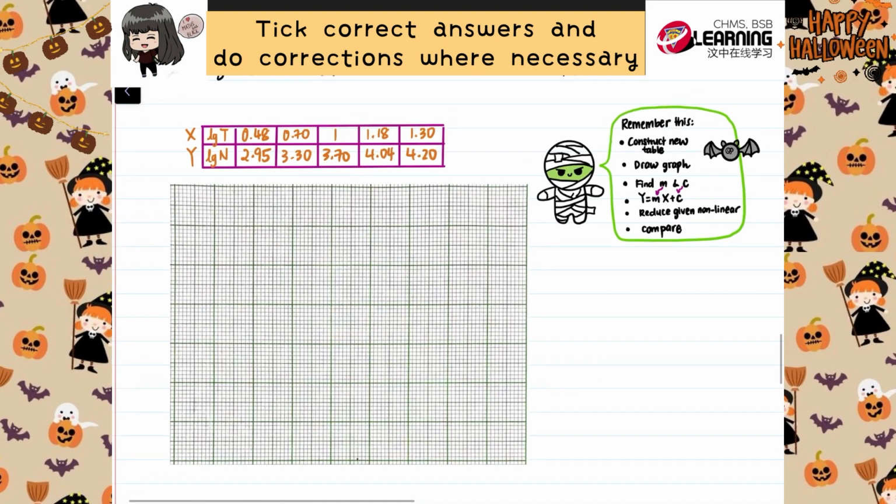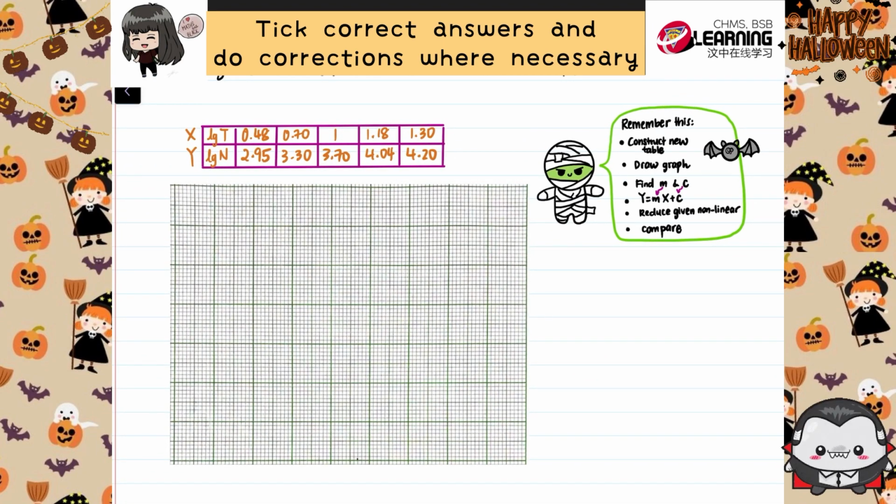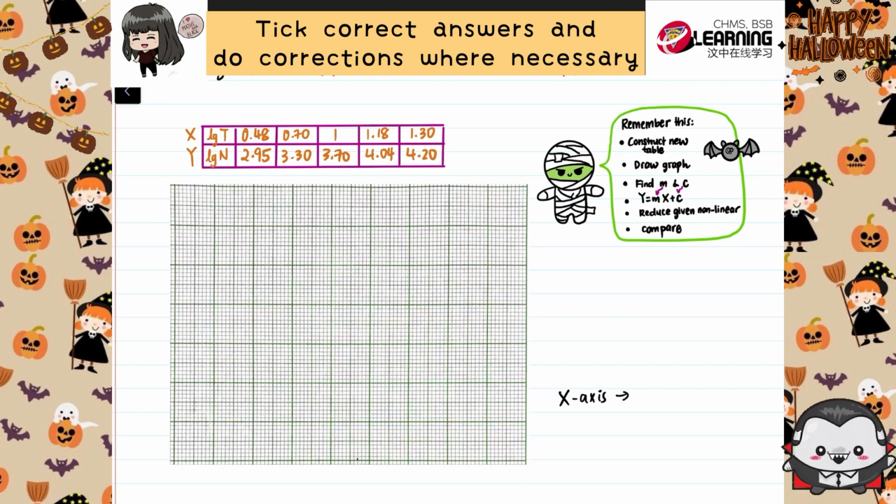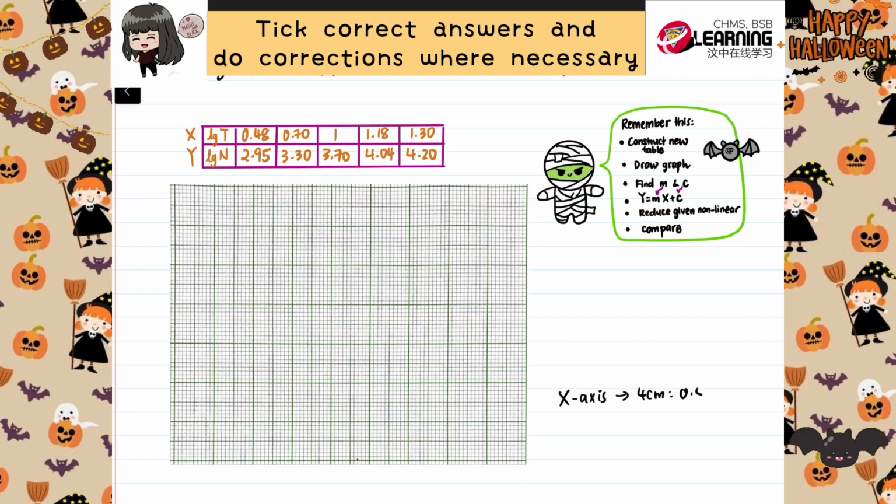Okay, so I will be using a scale for the x-axis. I'm going to write here x-axis. I will use 4 cm to 0.5 unit. And for the y-axis, I will use 2 cm to 1 unit.